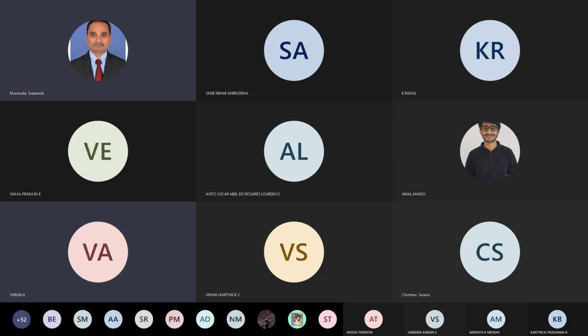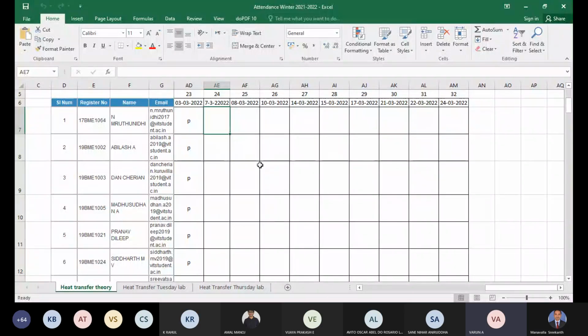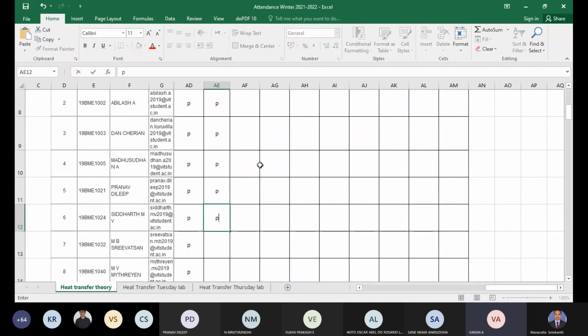Give me your attendance. Abhilash, Present, sir. Dan Cherian, Present, sir. Madhusudan, Yes, sir. Pranav Dilip, Present, sir. Siddharth, Present, sir.